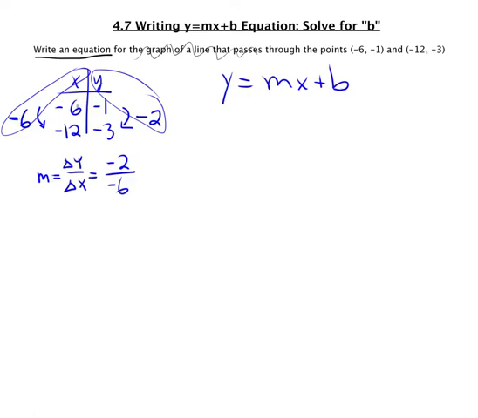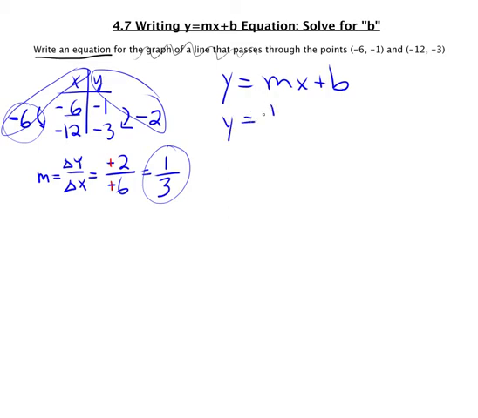This -6 right here is the point at -6, going left 6, but this -6 out here is the change in x. So when we simplify that, a negative divided by a negative is a positive, and 2 goes into 2 once, and 2 goes into 6 3 times. So my slope is 1/3, so I'll bring that into my equation.